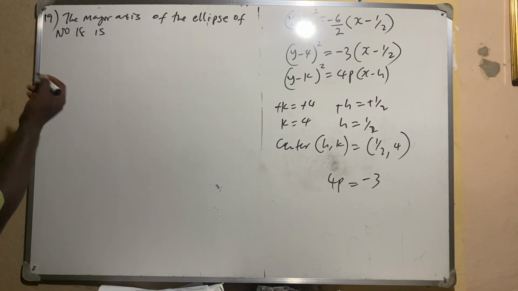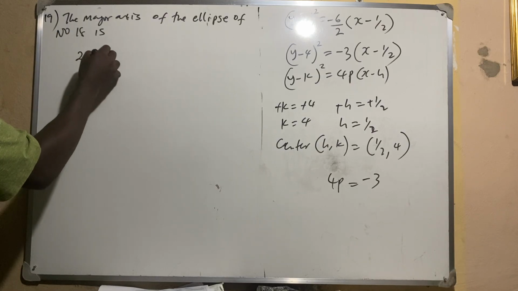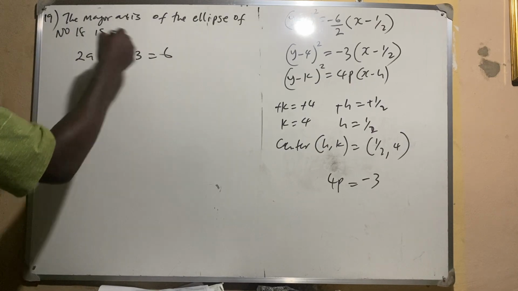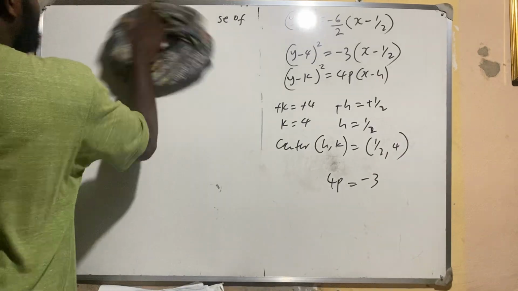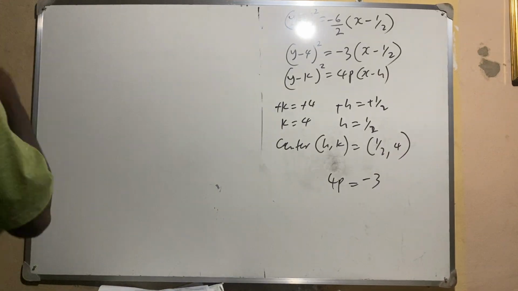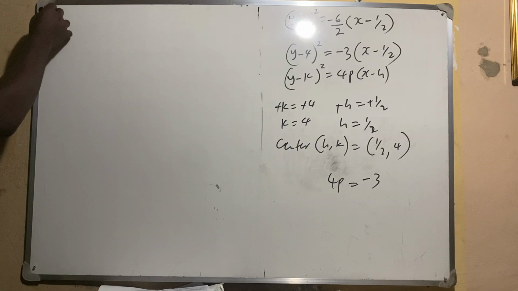So the major axis, I've told you, is 2a, which is 2 times 3, which is 6. So that is the major axis. It's very, very simple. But if it is semi major axis, it's just a, which is 3. But they said the major axis.